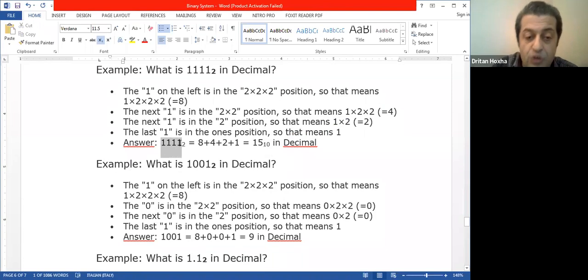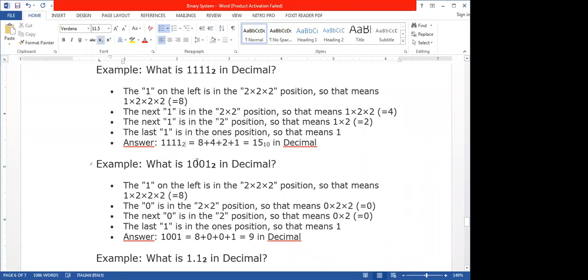Here we should write the base 2 to make a distinction between the number 1111 in binary and the number 1111 in the decimal system. So it is very important to write the base here.